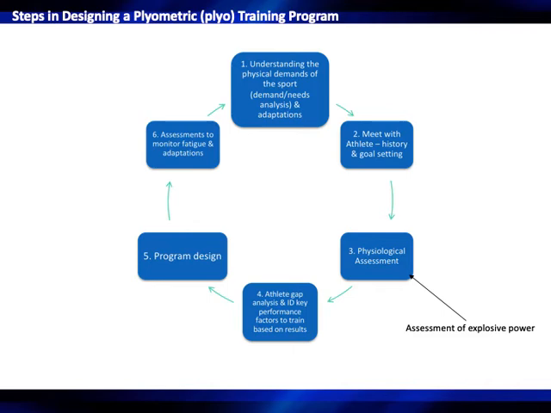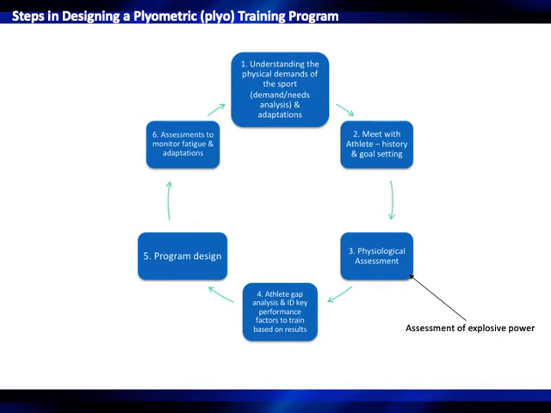And if yes, then you must incorporate plyometrics into the program. The question then becomes, what is the priority of explosive power to this individual? And if it's not that high of a priority, then you don't place a priority in the training program prescription.